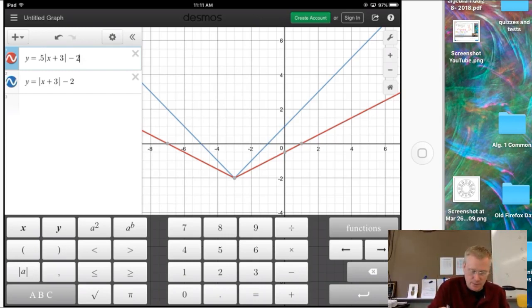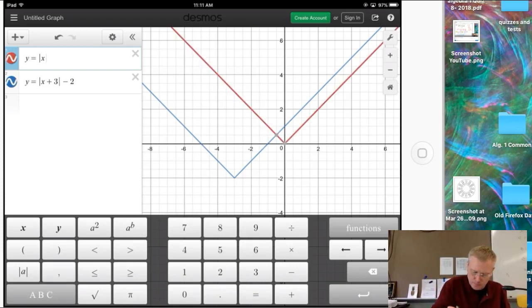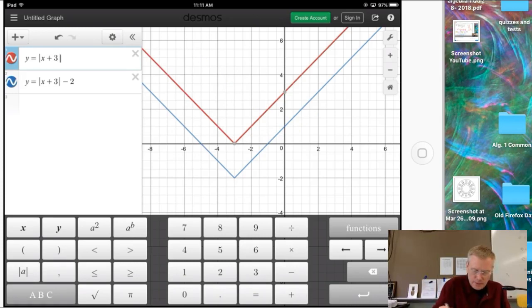Now I'd like to see what happens when I make one of these negative. Suppose we take the same equation, y equals the absolute value of x plus 3, and then outside the absolute value, I have minus 2.